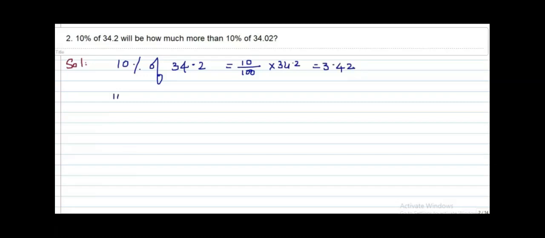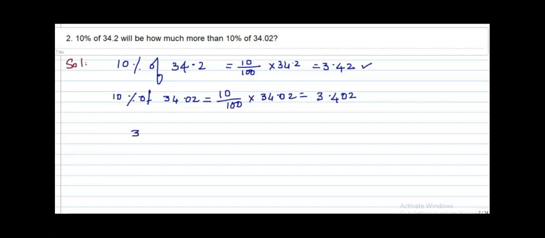And similarly, 10% of 34.02 is going to be equal to 10 by 100 into 34.02, which is nothing but 3.402. Now it is obvious that 3.42 is going to be greater than 3.402.